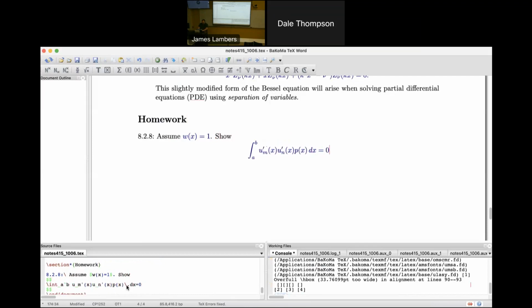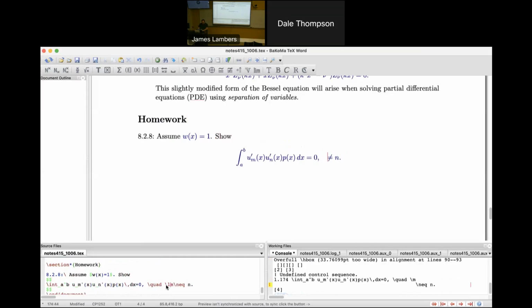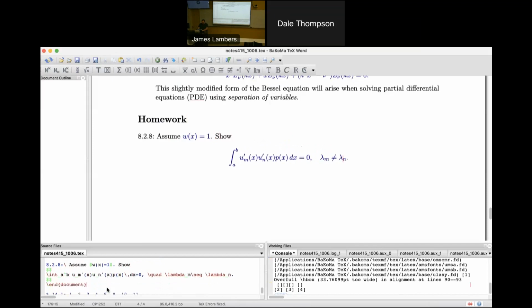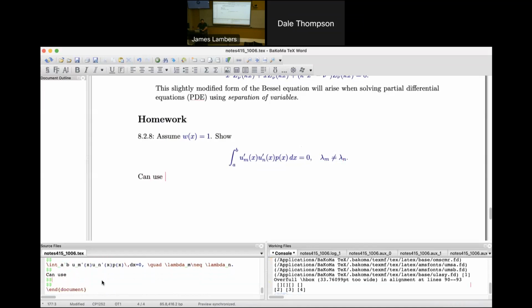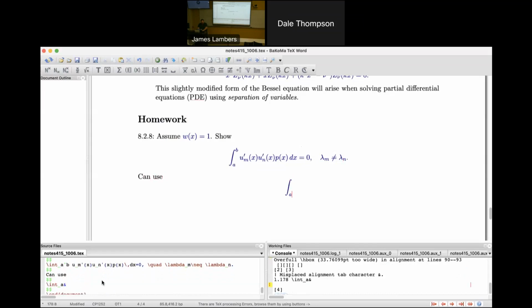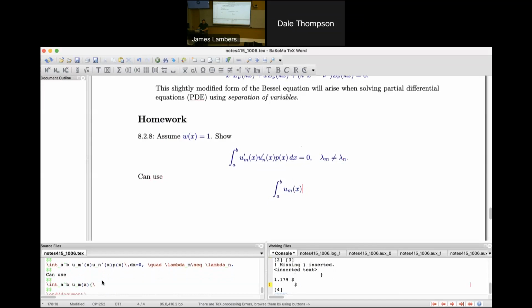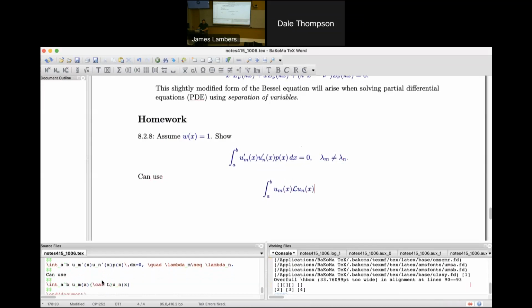Really, the eigenvalues are distinct. You can use the integral of u_m times the operator applied to u_n.